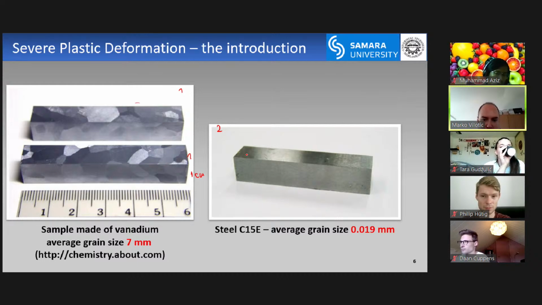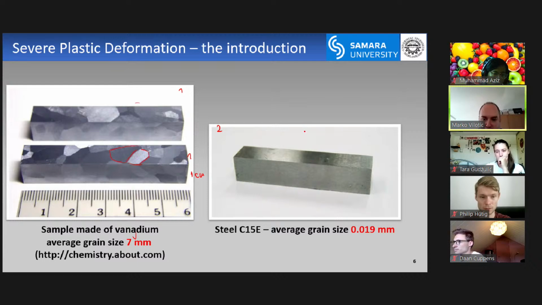The first thing you can notice in this left image is the grains. For example, this is one grain. I guess this sample was intentionally etched, so we can see the grains. The average grain size varies from maybe 4 millimeters to maybe 10 millimeters, and let's say the average grain size is 7.